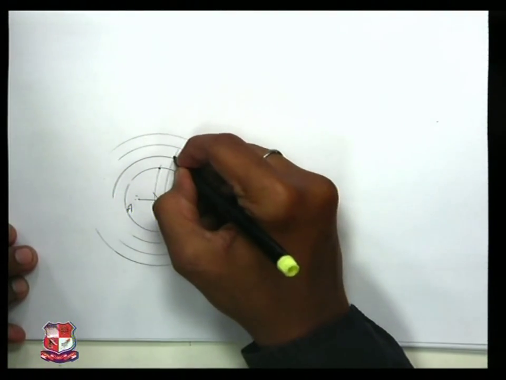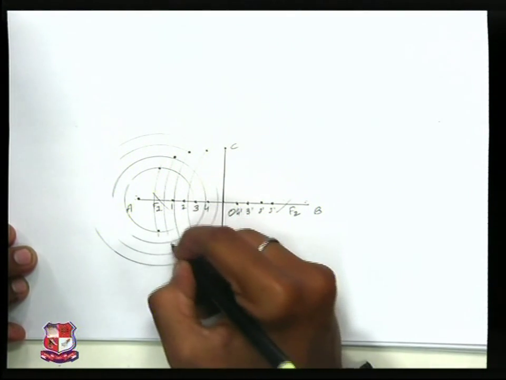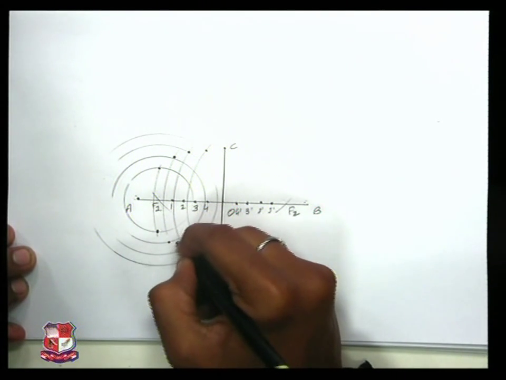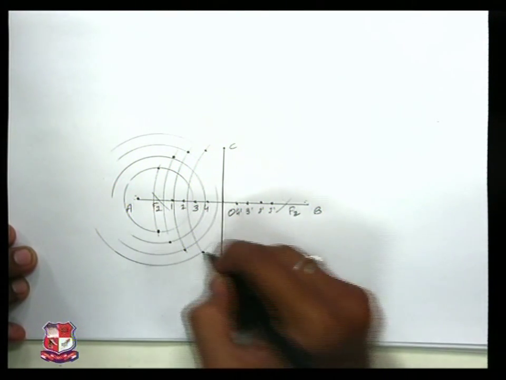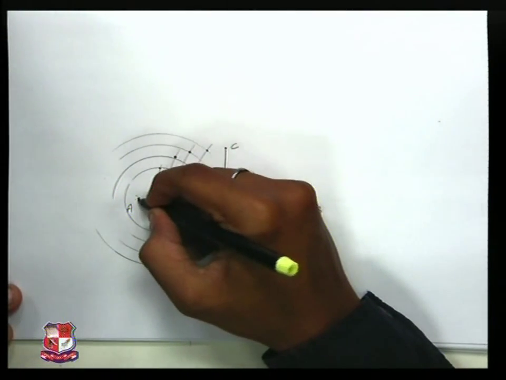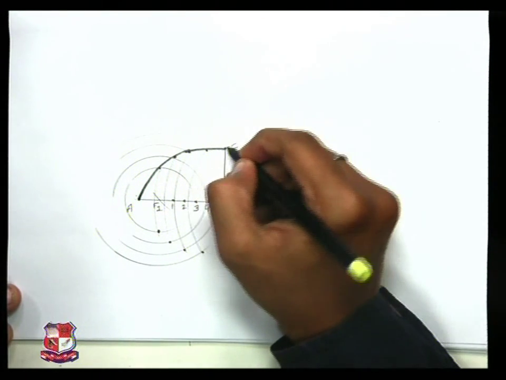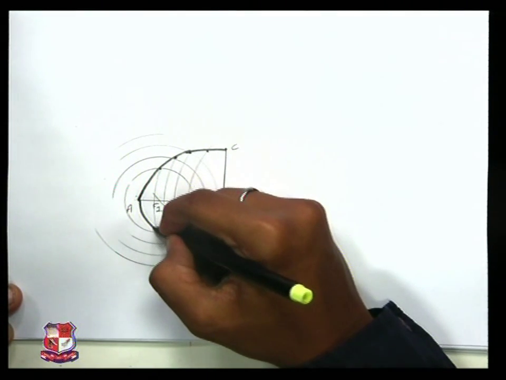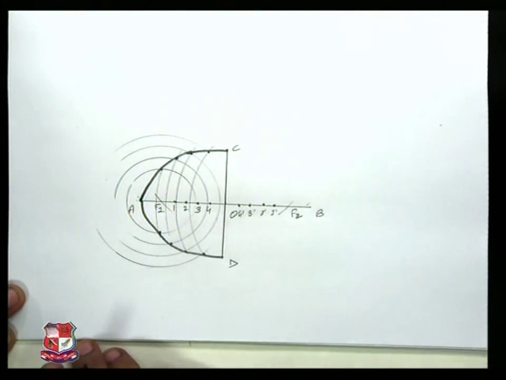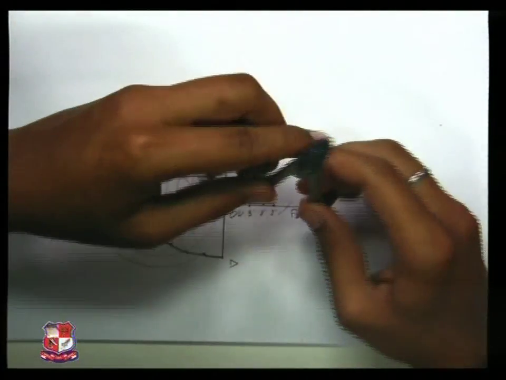Mark the point. Like this. Join using a French curve or join by your hand with a very smooth curve. Like this. On the other side also, repeat the procedure once again.